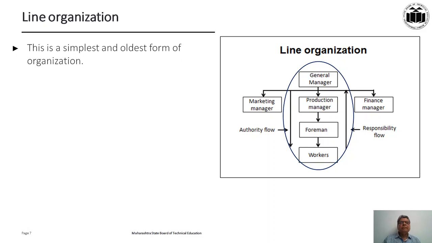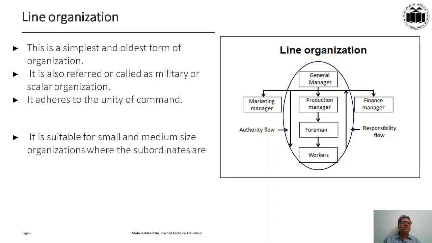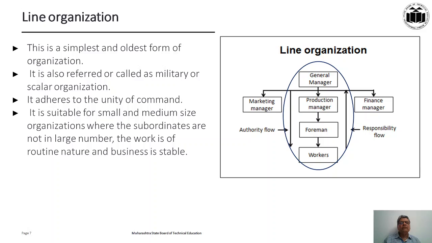This is the simplest and oldest form of organization. It is also called a military or scalar organization. It adheres to the unity of command. As I said, there is a unity of command, one man, one boss system, and as there is one man, one boss, it is also called a military organization. It is suitable for small and medium sized organizations where the subordinates are not large in number.